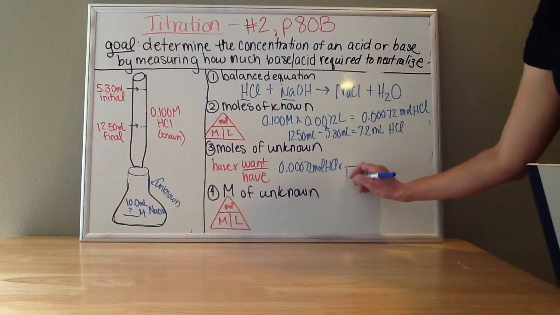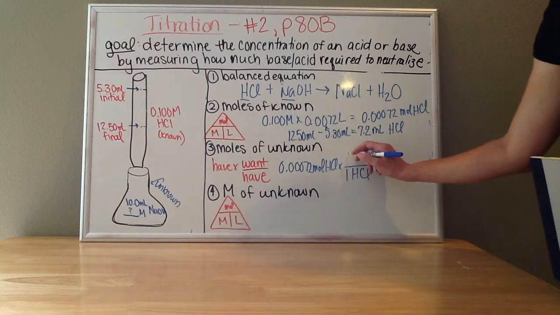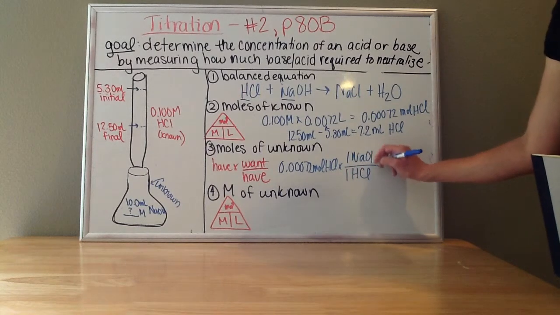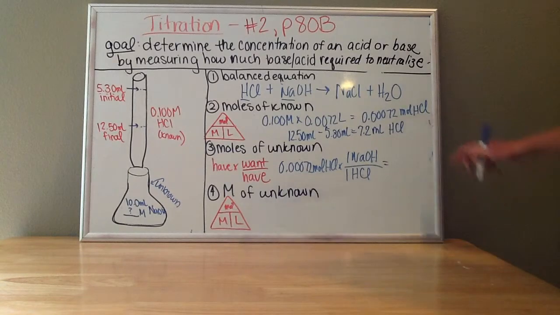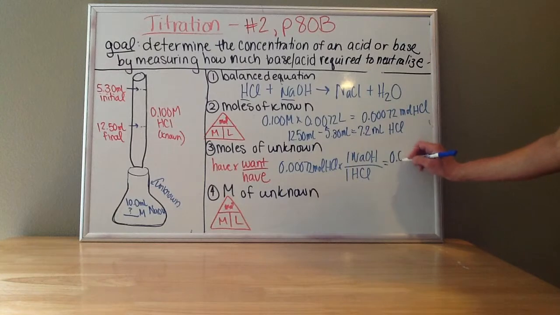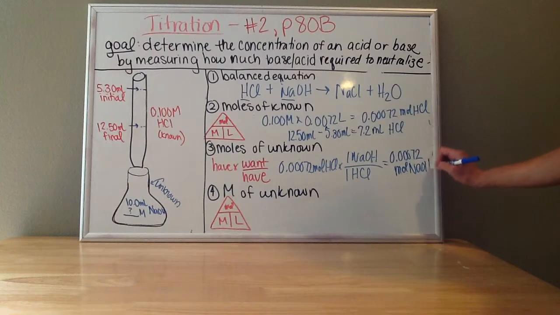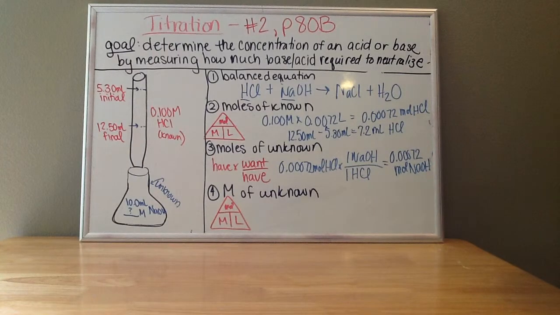So it is a 1:1 ratio, 1 HCl for every 1 NaOH. So if I have 0.00072 moles of HCl, that means there must have been 0.00072 moles of NaOH down there in my flask, in my unknown.